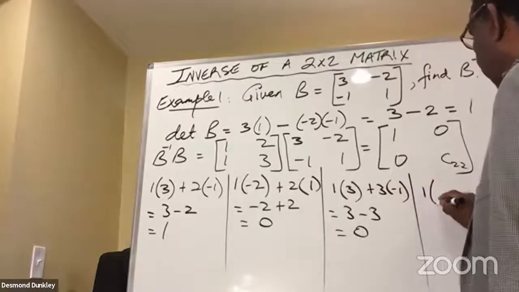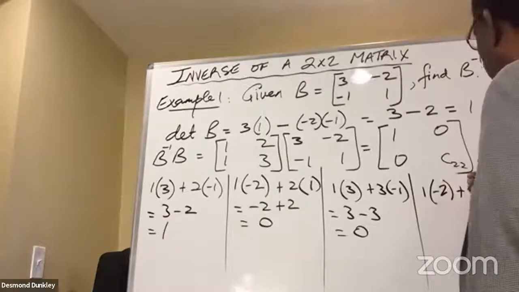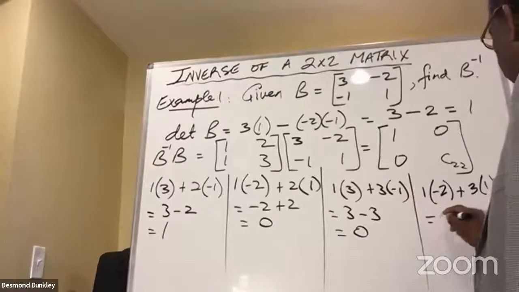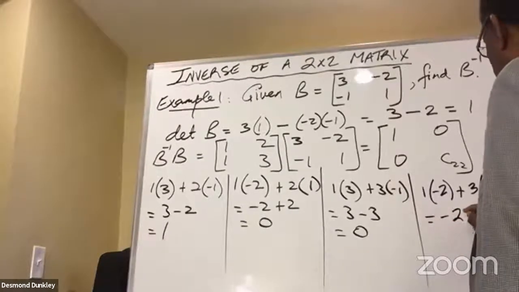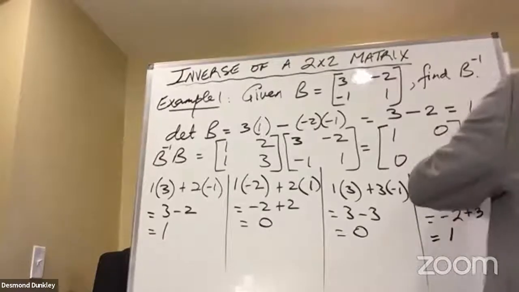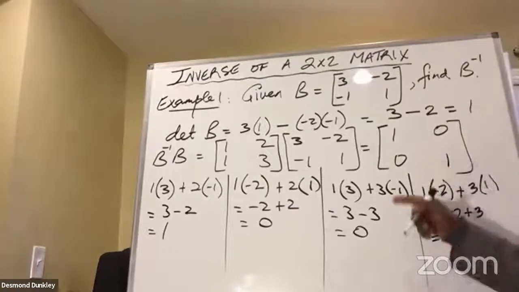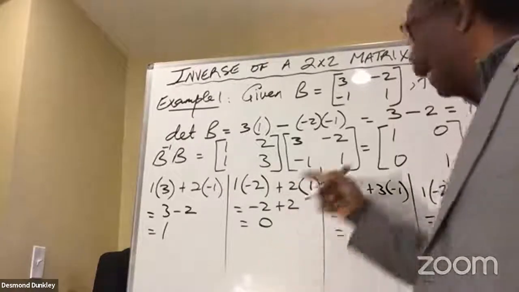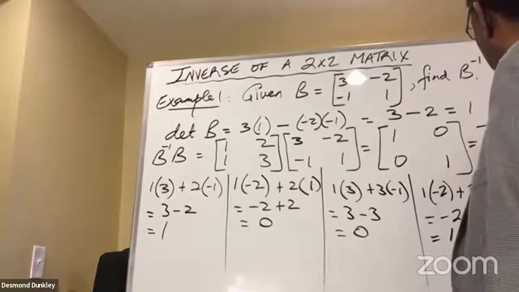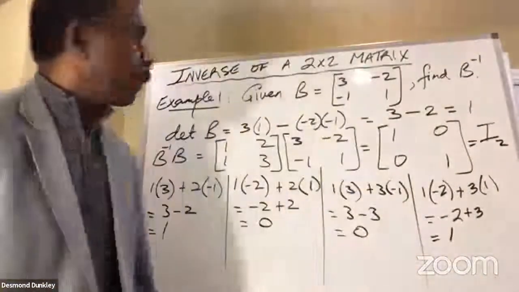So it's 1 times -2 plus 3 times 1 equal to -2 plus 3 equal to 1. Again, the I2, or the multiplicative identity matrix. Okay, so that was our first example.